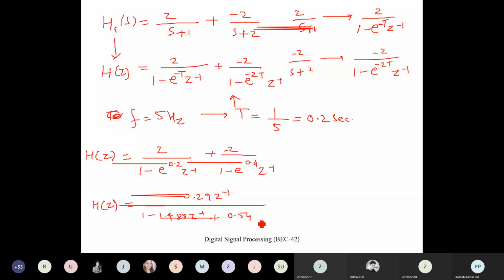So this will be our required digital filter transfer function. Okay, so this will be our required digital transfer function.